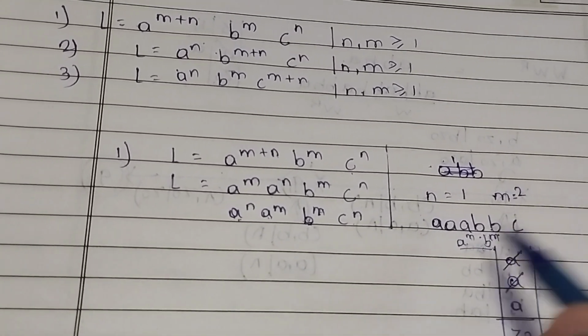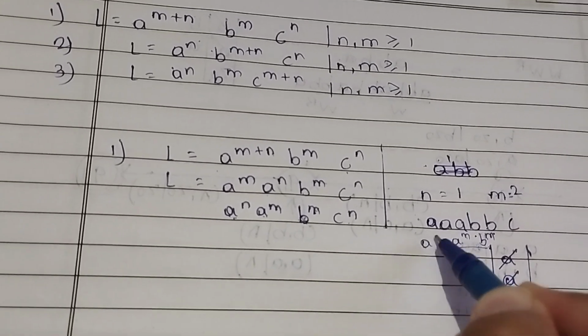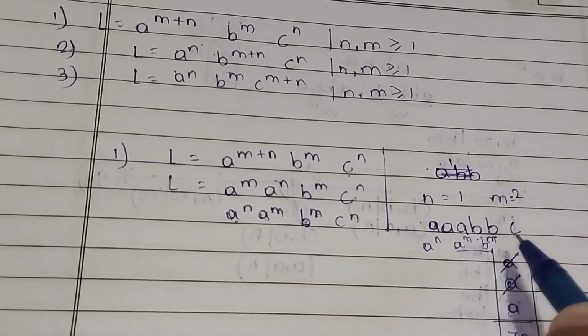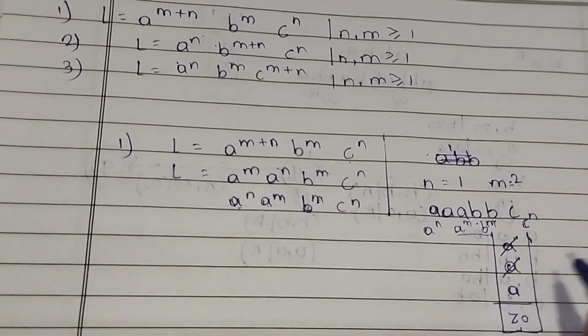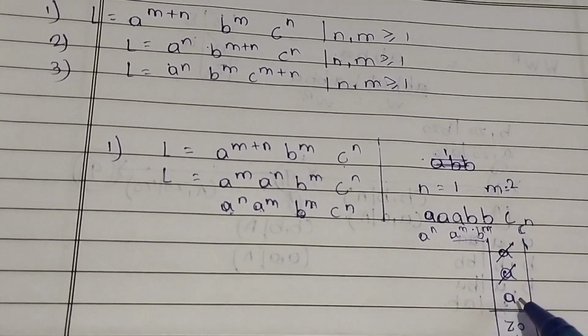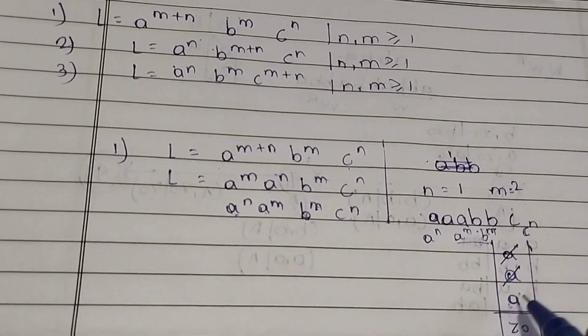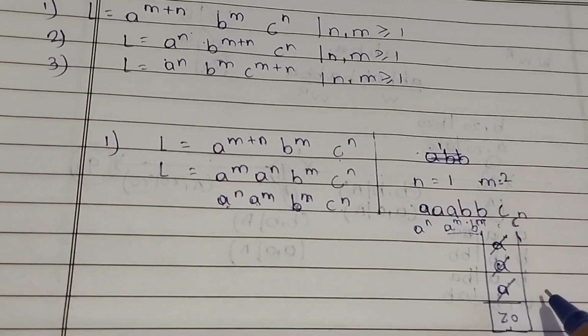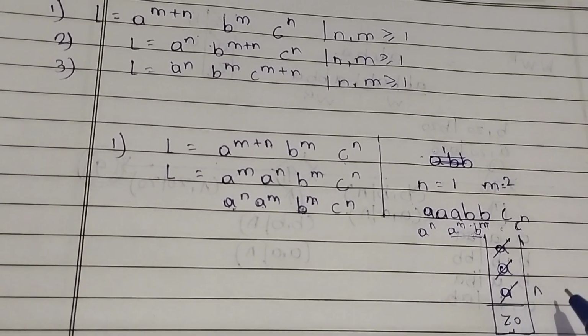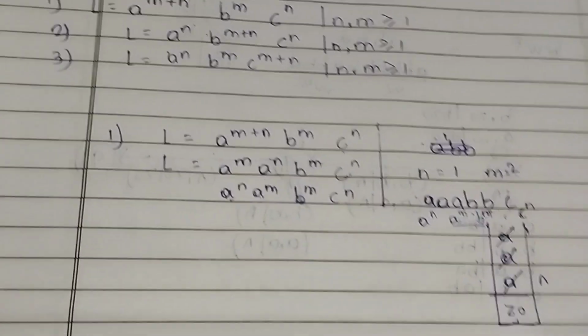Now which A is remaining? A raised to n. For this A raised to n, we pop for C raised to n. So one C we read and one A is present now. For this C, we pop this A. Now our stack is empty, here is the null, and now we are in the acceptance state.